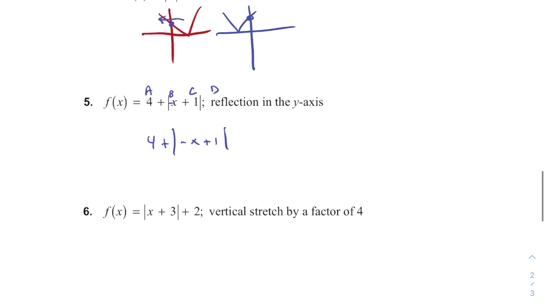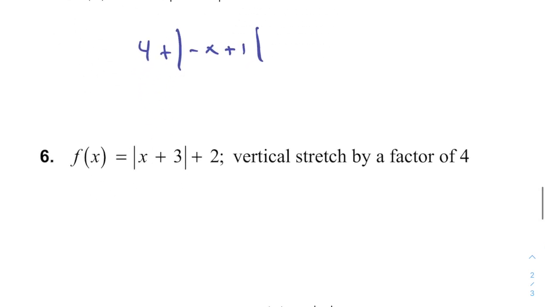Okay. Vertical stretch by a factor of 4. So vertical stretch affects this number right here by a factor of 4. So you have to multiply that number by 4. So this will then just be 4 absolute value x plus 3 plus 2.